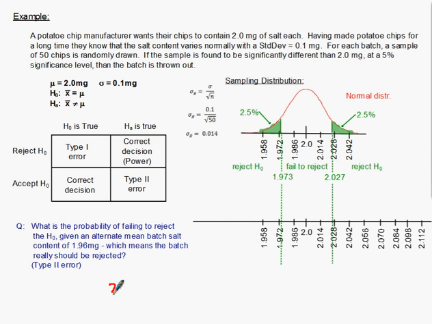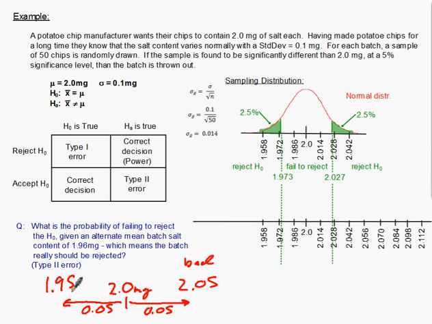If we know that what we're looking for is 2, we know that 2.05 is bad. We want to throw that one out. There's a certain underlying assumption that on the other side, if we go a distance of 0.05, it's also going to be too little, which is going to be 1.95 is bad.